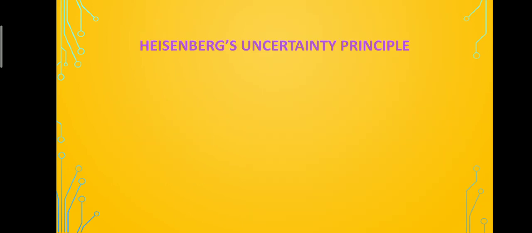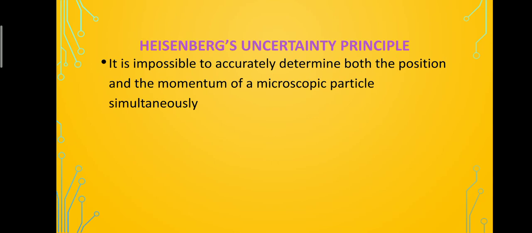So next one is the Heisenberg uncertainty principle. The dual nature of matter imposes a certain limitation. One of the limitations is we cannot predict the position and momentum of a microscopic particle simultaneously.